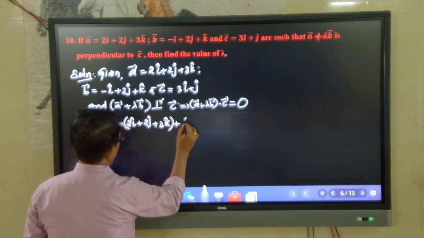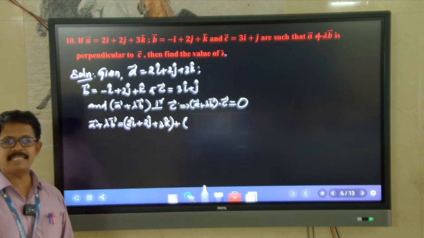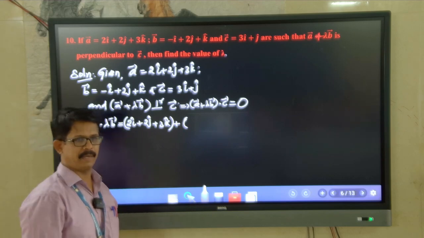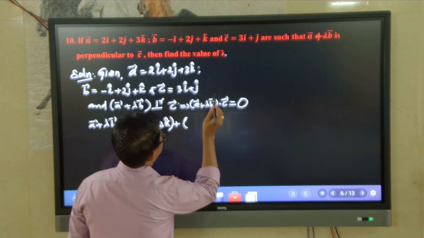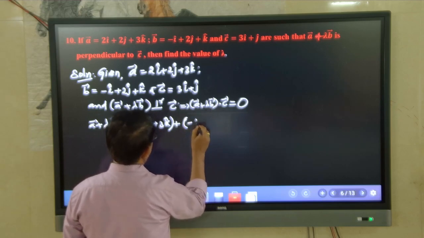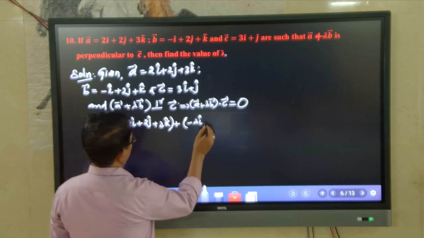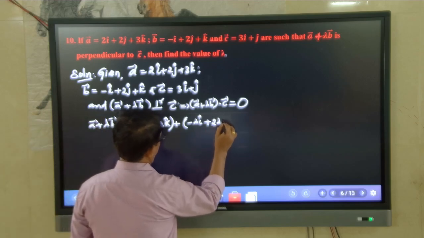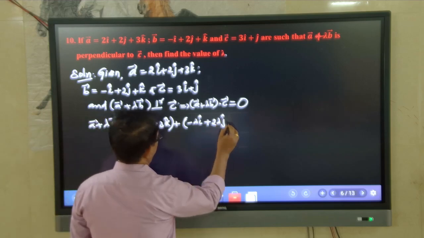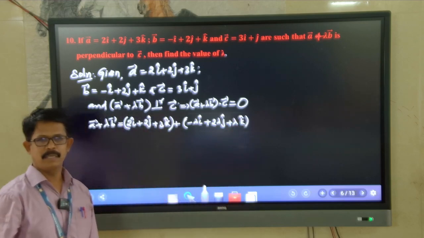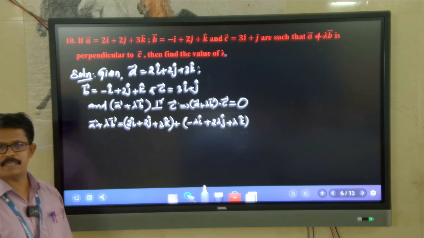Plus multiply by lambda each term of b vector. Lambda b vector is equal to what? Lambda i cap, understood? And then plus 2 lambda j cap plus lambda k cap. Clear or not?